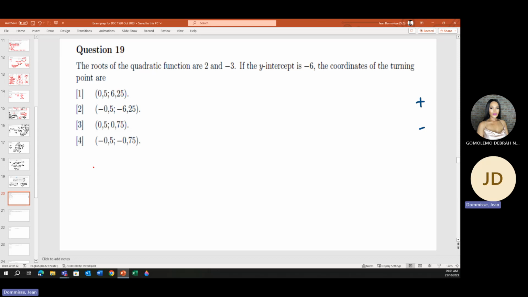Okay, so in this instance, we need to work out the roots of a quadratic function are given. They give us the y-intercept, and we need to nearly calculate the coordinates of a turning point.